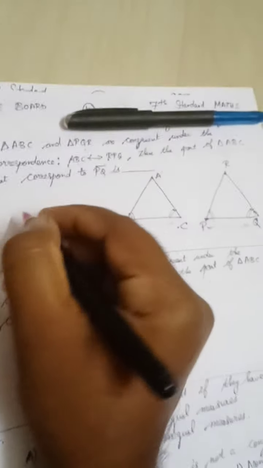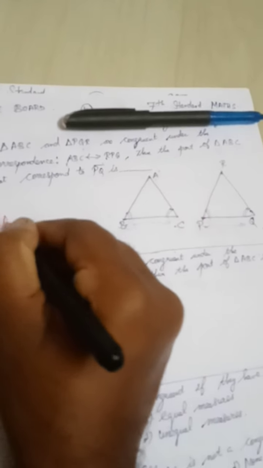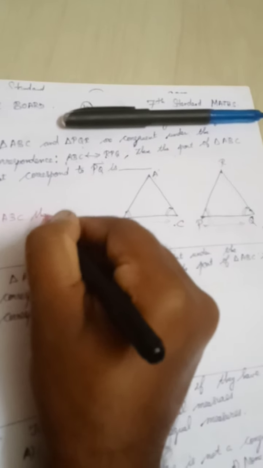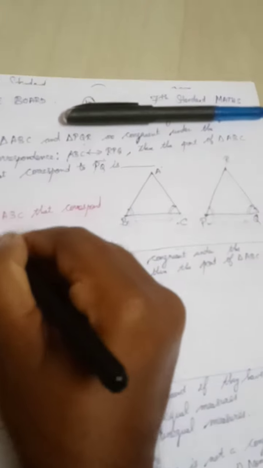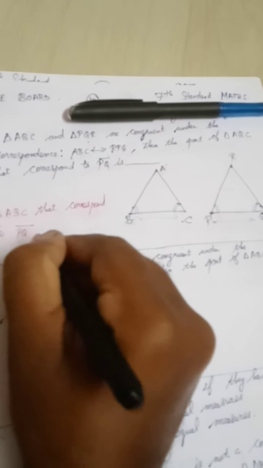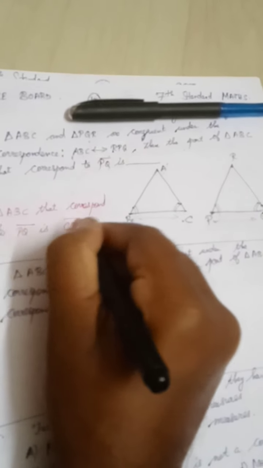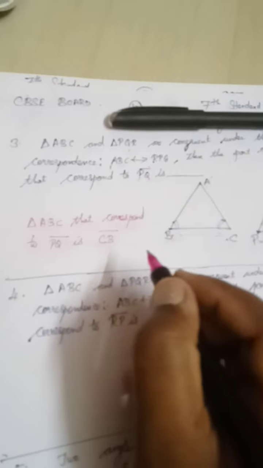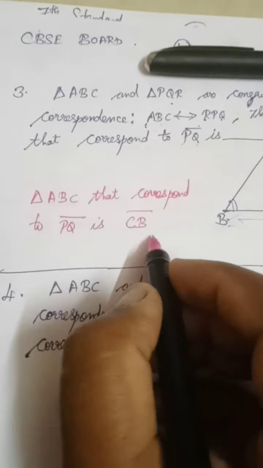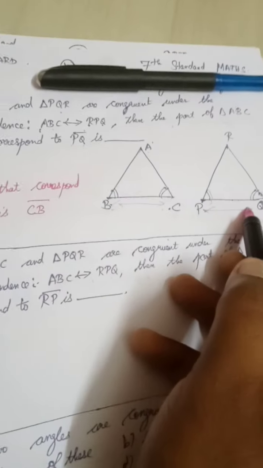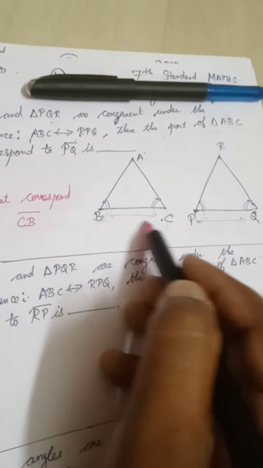BC. So the part of triangle ABC that corresponds to PQ is CB. This is the answer. PQ here is CB or BC. The next one.